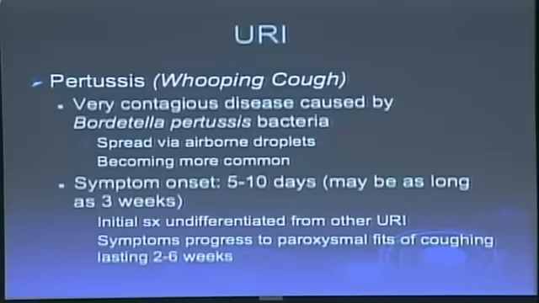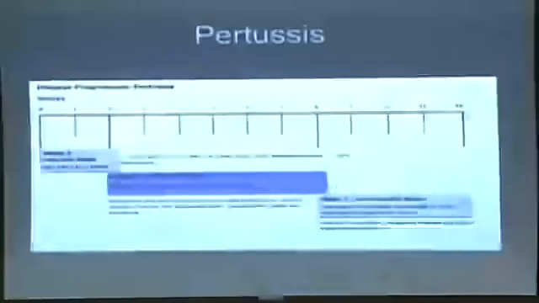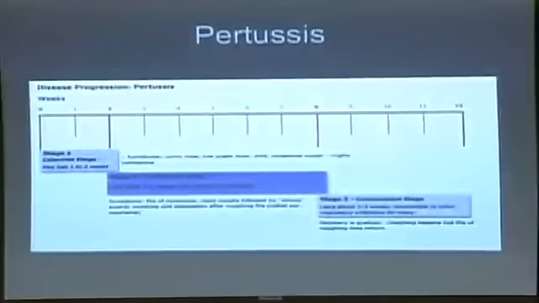Symptom onset from exposure is 5 to 10 days, although some people allegedly go as long as 3 weeks. Usually bacterial illnesses have a 5 to 10 day incubation. It starts out as a simple upper respiratory infection: runny nose, weepy eyes, upper congestion, a little sneezing, coughing, and the symptoms progress to fits of paroxysmal coughing.